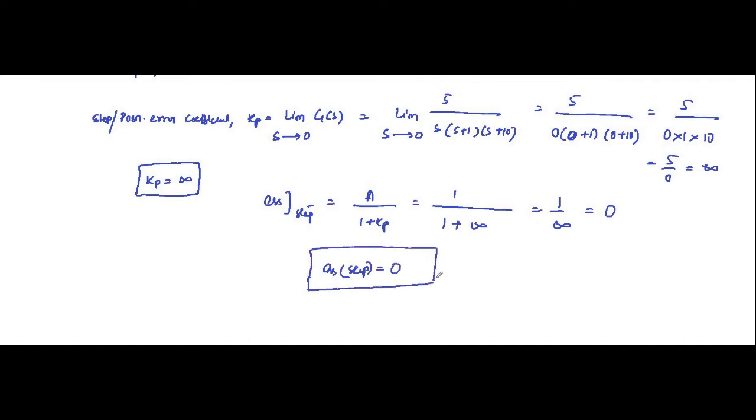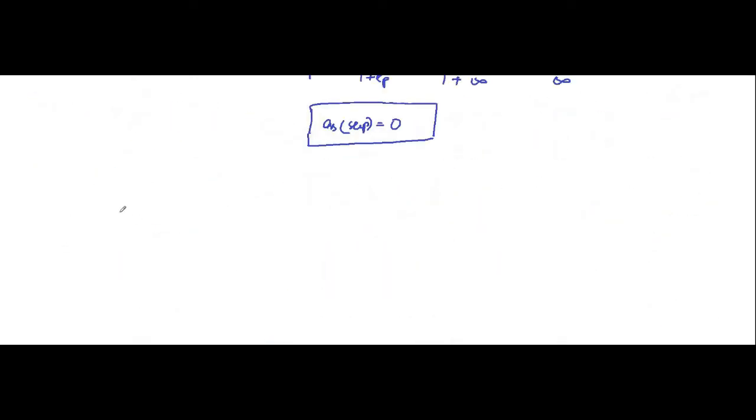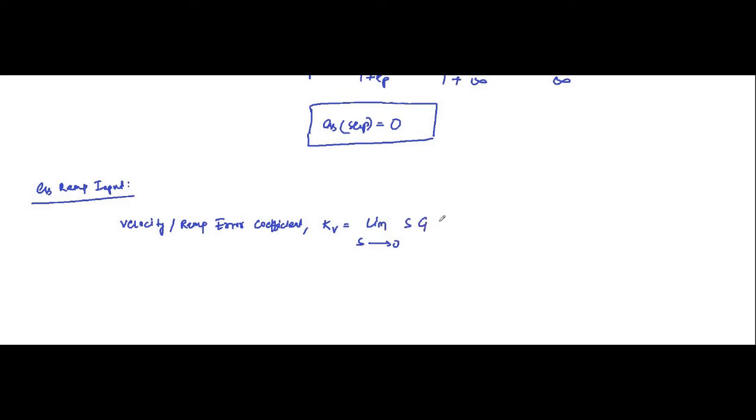Next is ramp input, the steady state error due to unit ramp input. Here we have to determine the velocity or ramp error coefficient, Kv, which is limit s tends to 0 of s G(s).